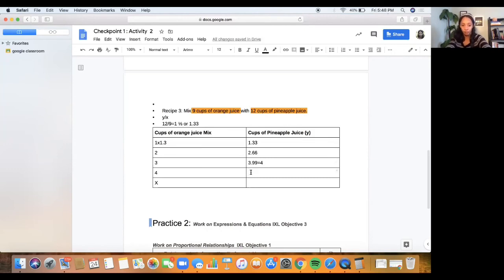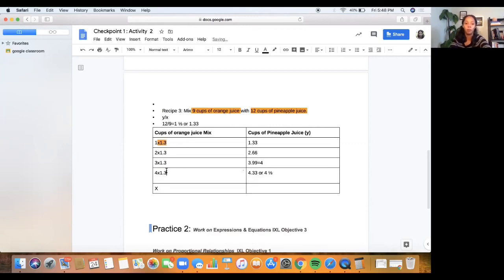And if I have 4 cups of orange juice mix, that's going to give me 5.33, or 5 and 1/3. For 9 cups of orange juice, you can skip over to that.